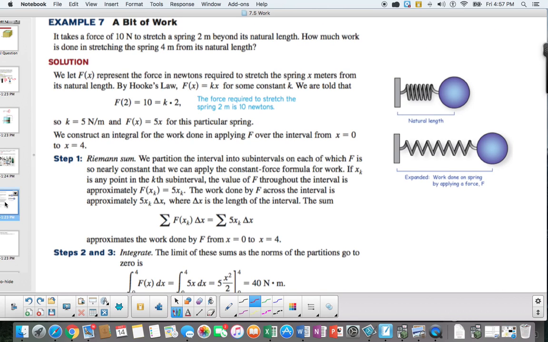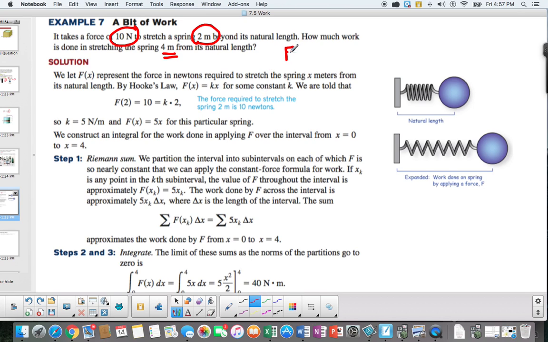Now how are we going to use Hooke's law to determine how much work it takes to stretch a spring? It takes a force of 10 newtons to stretch a spring 2 meters beyond its natural length. How much work is done in stretching the spring 4 meters from its natural length? This information will help us find the spring constant.